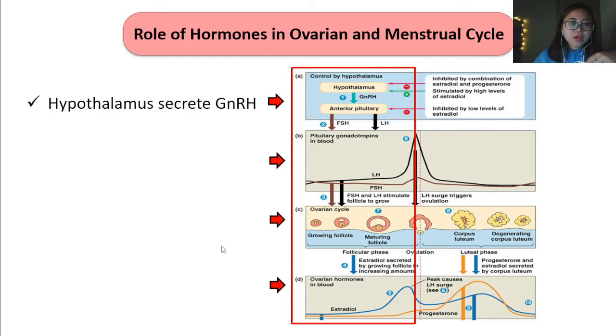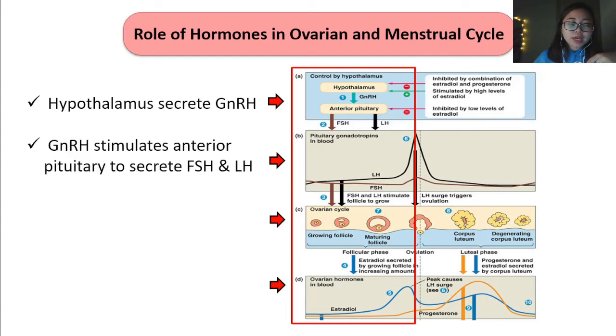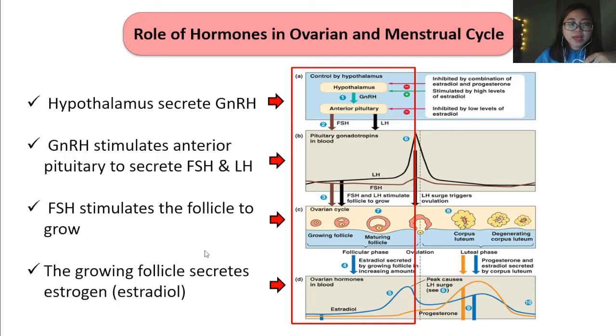Okay, roles of hormones. First is that the hypothalamus will secrete GnRH, gonadotropin releasing hormone. The GnRH will stimulate the anterior pituitary to secrete FSH and LH. FSH will stimulate the follicle to grow, and the growing follicle will secrete estrogen.